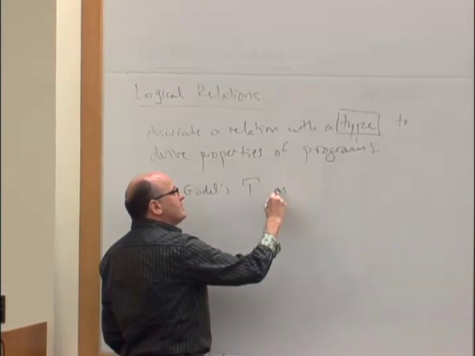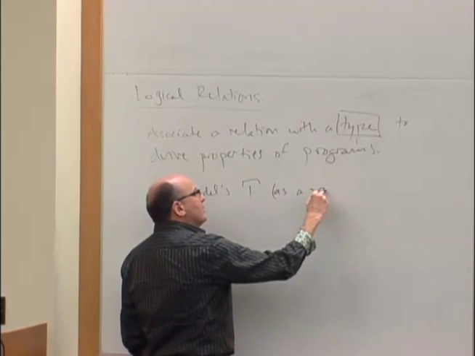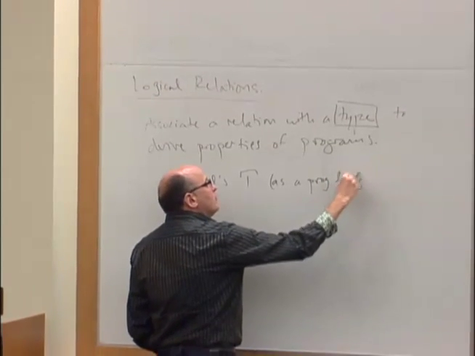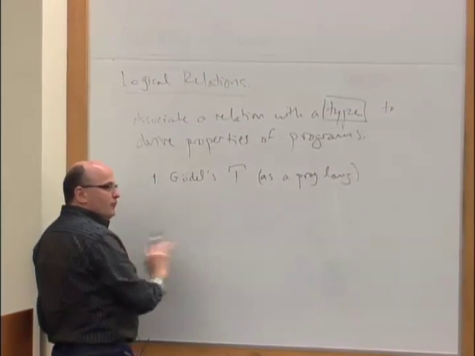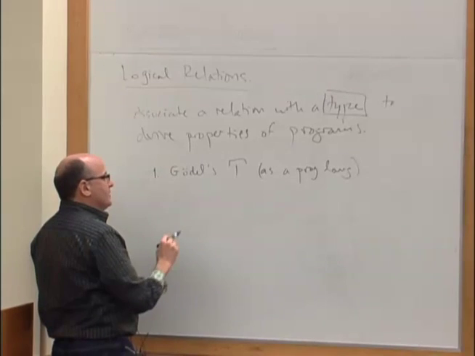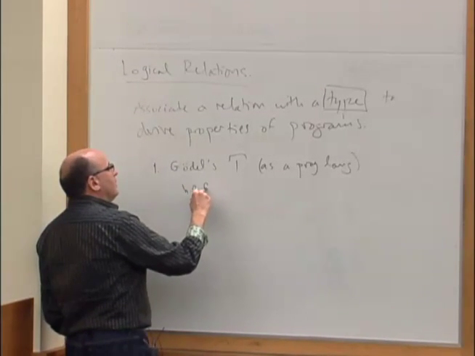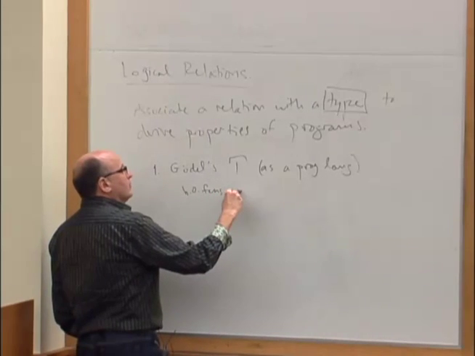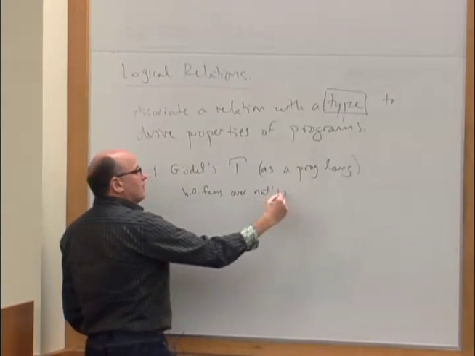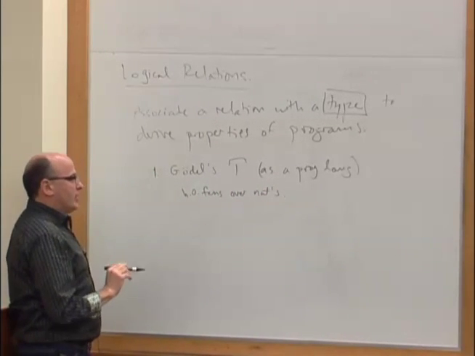We'll call it Gödel's T, thought of as a programming language, which is a simple formalism that I'm going to describe momentarily, which deals with higher order functions over a base type of natural numbers. Very simple, a basic starting point.